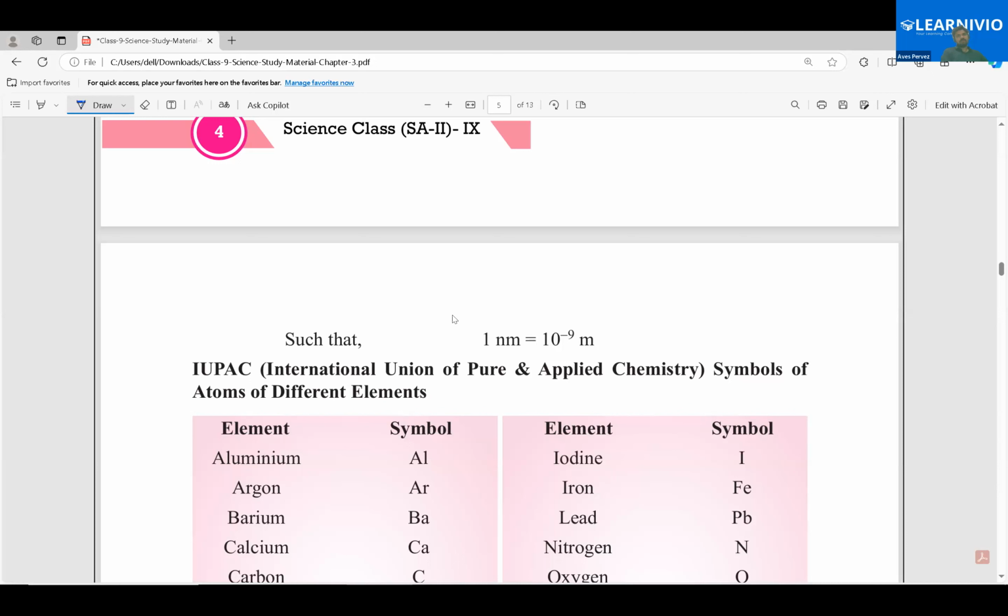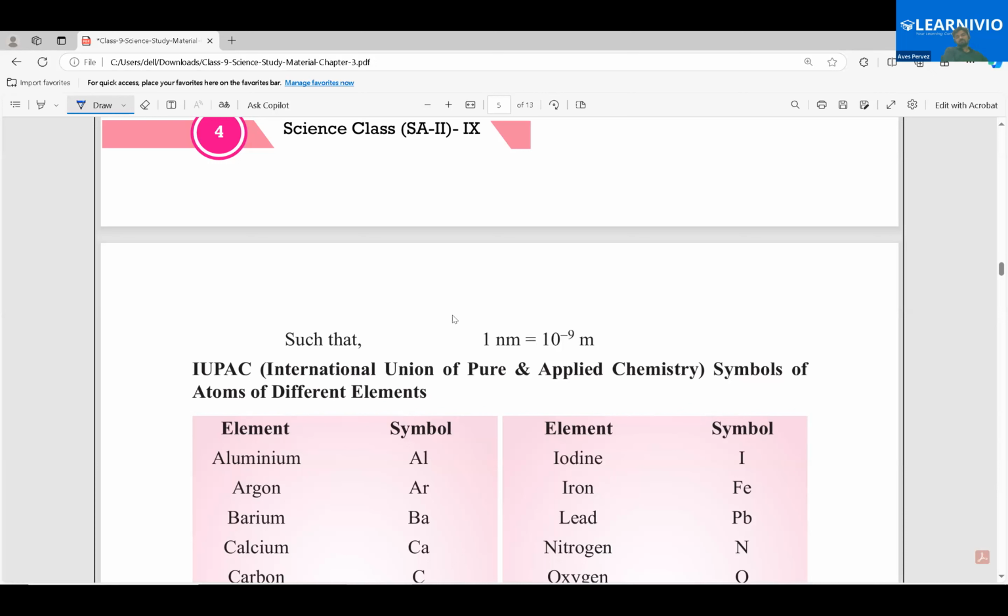Atoms of different elements have different chemical properties and different mass. Atoms combine in the ratio of small whole numbers to form compounds. The relative number and kinds of atoms are constant in a given compound.